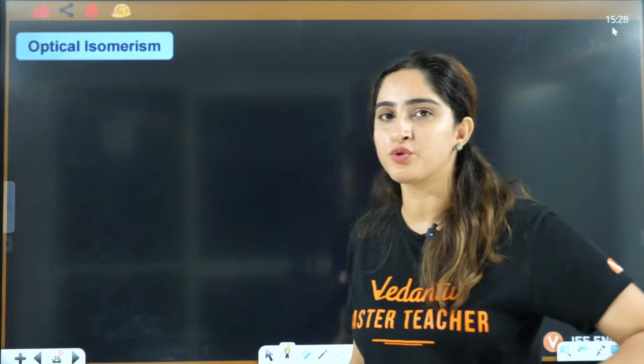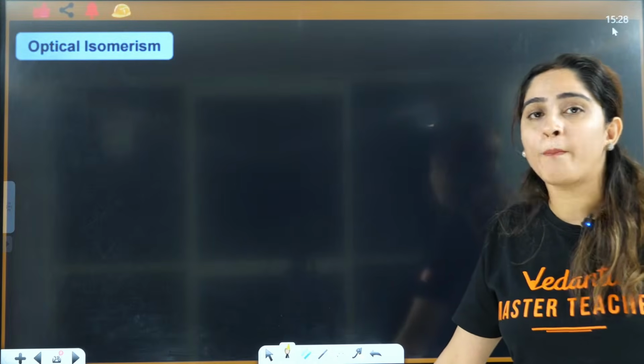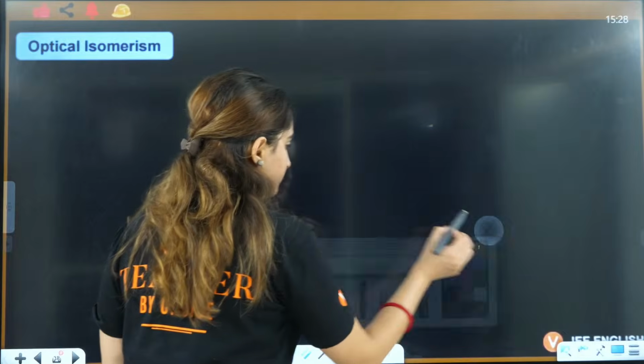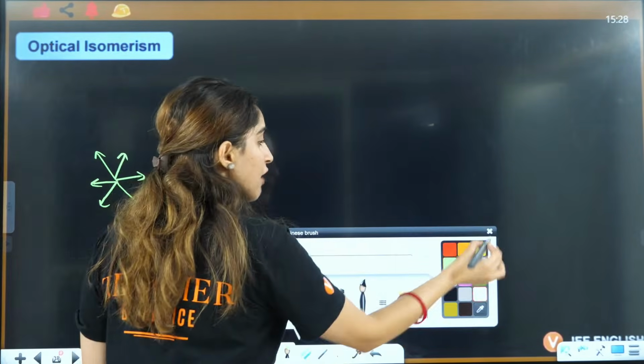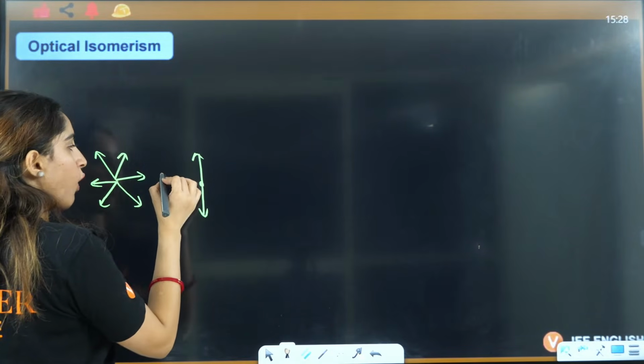But stereo centers we are going to do in the end, okay? Let's ignore that now. So, optical isomers, let's discuss optical isomers, everyone. Optical isomers are basically: you have plain unpolarized light. Now you make it plane polarized light by passing it through a Nicol prism.